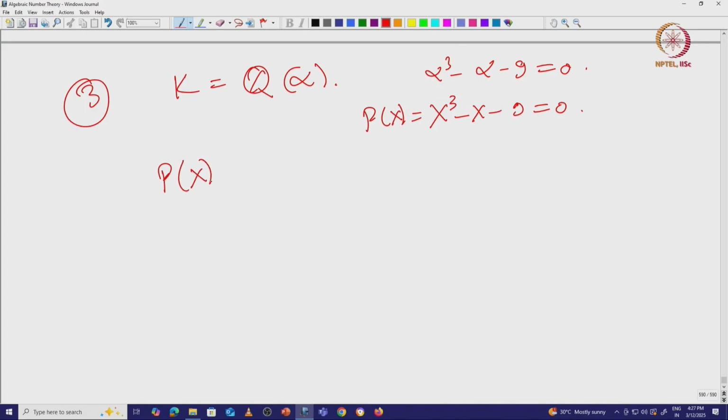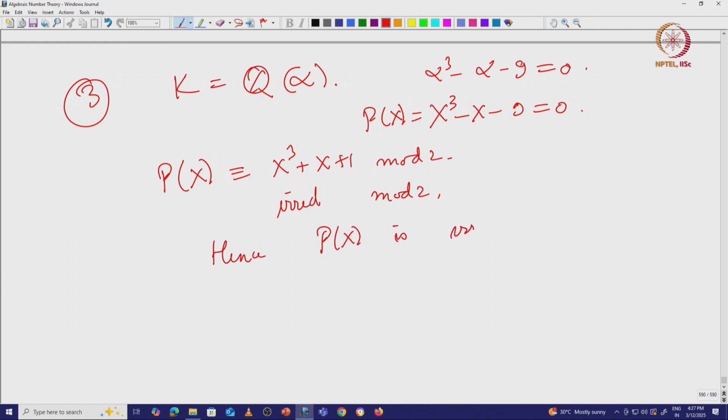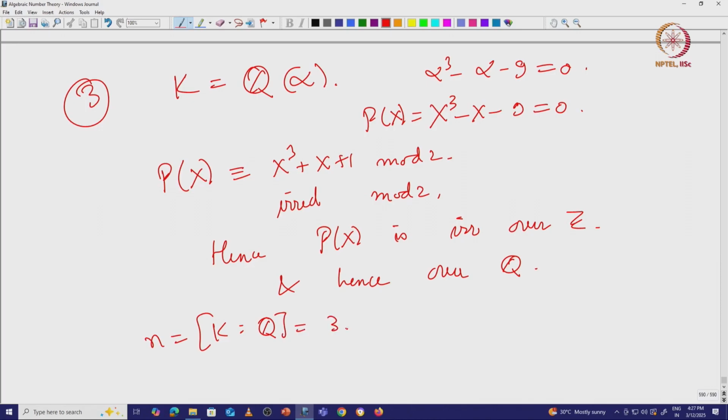So, P(x) is congruent to x cubed plus x plus 1 mod 2, and this is irreducible mod 2. Hence, P(x) is irreducible over Z, and hence by Gauss's lemma, hence over Q, right. Okay. So, this is a cubic field. So, n, which is the degree of K over Q, is 3, right.